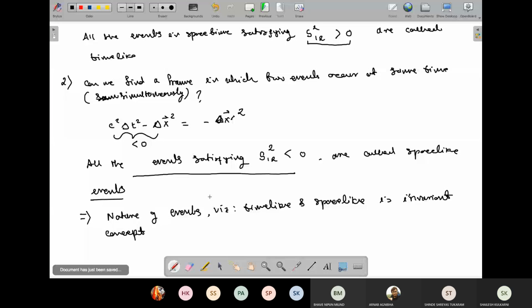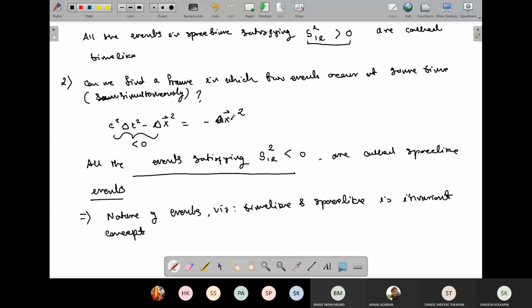So if two events are space-like separated, they will remain space-like separated. What would go wrong if two events are space-like in one frame and those same two events are time-like in another frame? It means that the interval square, or this S12, is not invariant.